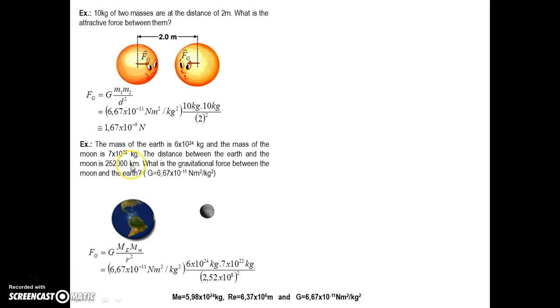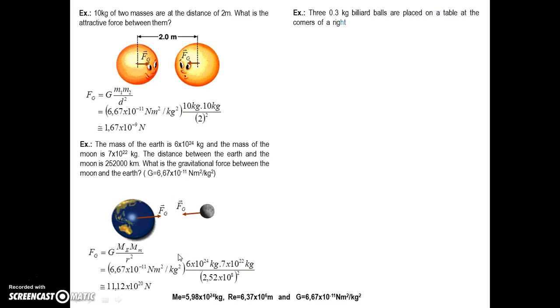R is given in kilometers, but I need to convert kilometers to meters. 252,000 kilometers is equal to 2.52 times 10 to the power 8 meters. Fg will be approximately 11.12 times 10 to the power 20 newtons, and the direction of the gravitational force will be toward each other.